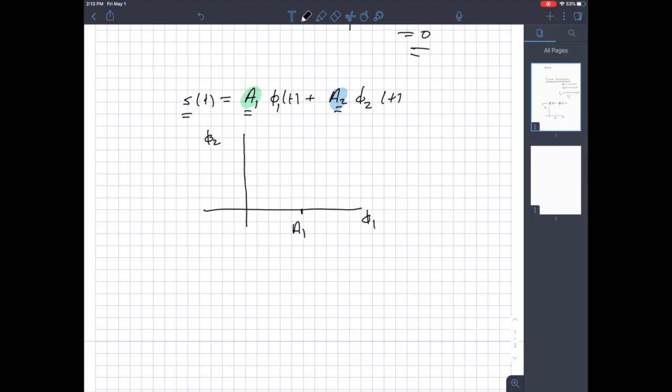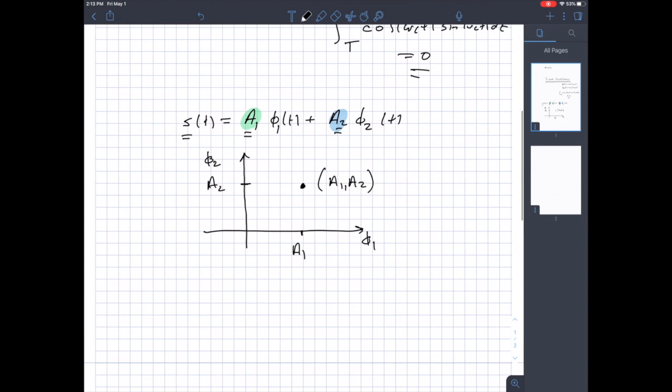All right, so let's say maybe A2 is right here. And so this signal constellation point would be A1, A2. Right, so it looks like a Euclidean space where you just have points in space. But what we really know is these are tracing out functions or waveforms that can be transmitted over a channel.